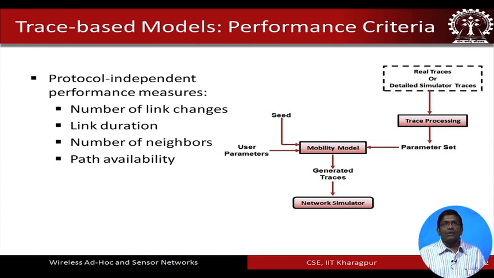There are also some performance measures which are protocol independent, for example, the number of link changes, the link duration, number of neighbors, path availability, and so on. These are other protocol independent performance measures that can also be used.